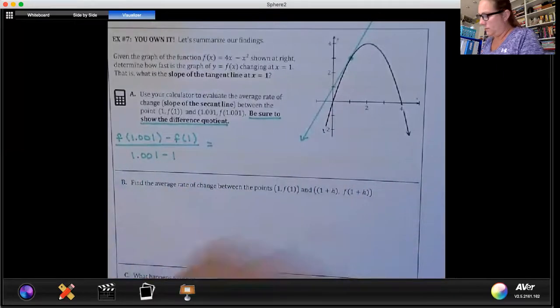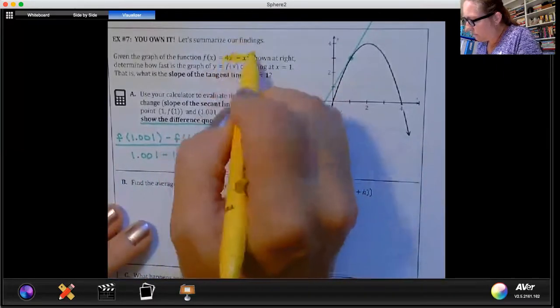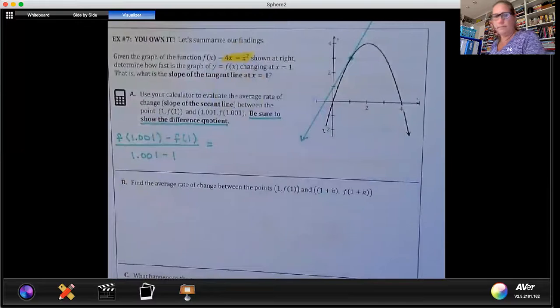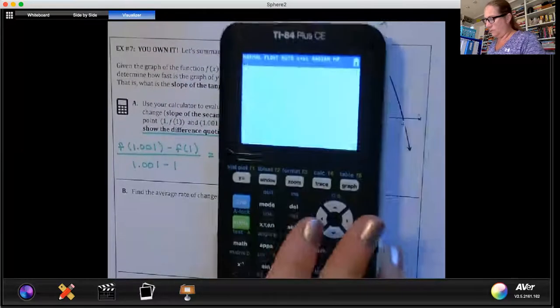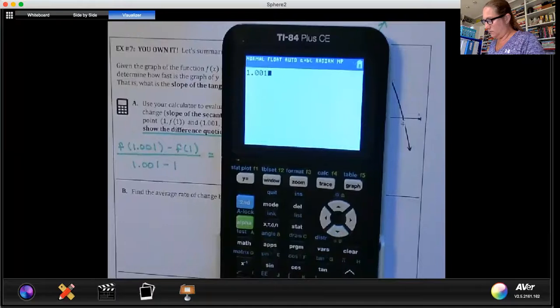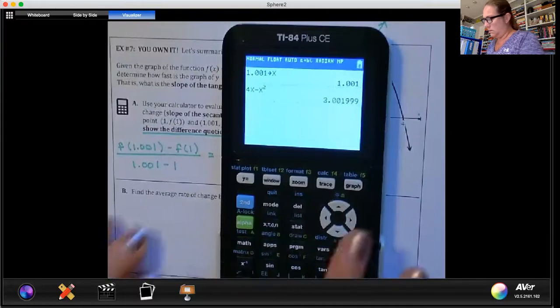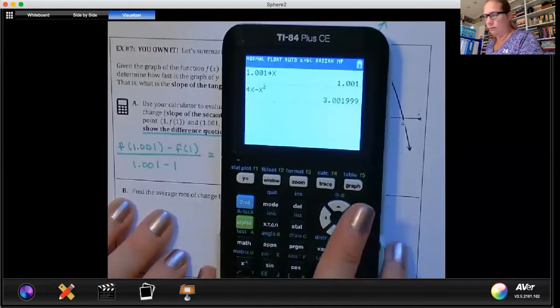Again, here's your formula, your equation you're working with. So I'm going to use my store key. 1.001 store as x, and 4x minus x squared. And that's 3.001999.